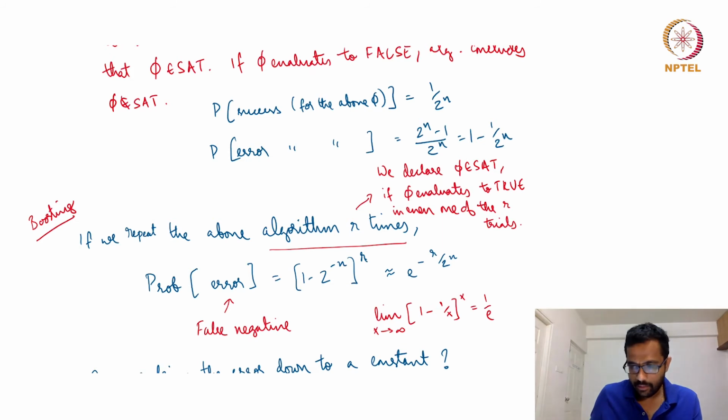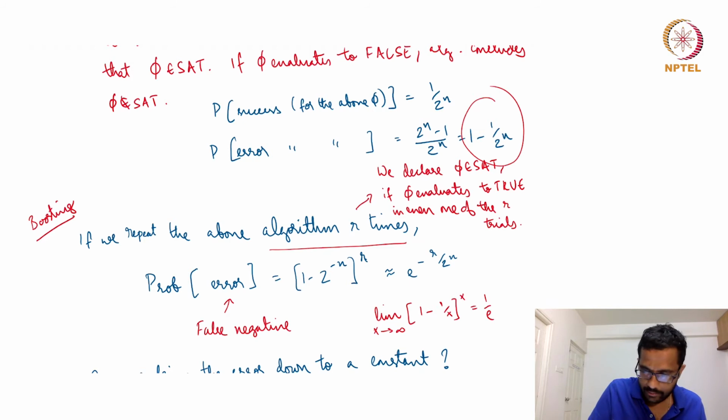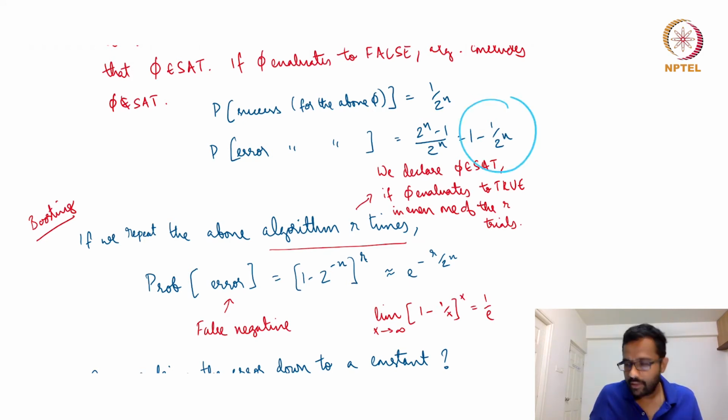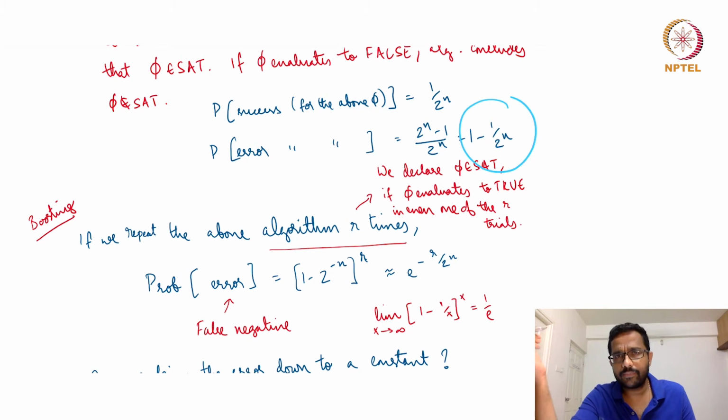So for that to happen in one trial, it is 1 minus 1 by 2 power n, as we saw here, right? Sorry, I'll use another color as we saw here. But here we are repeating this R times, and all the times the random bits chosen are independent random bits.